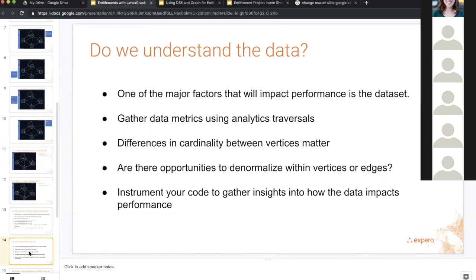And in order to do that, you have to do analytics on your data sets, either doing graph analytics after the data is loaded in the graph, or doing the analytics outside. But you have to analyze the data, understand what's there, and you have to instrument your code.